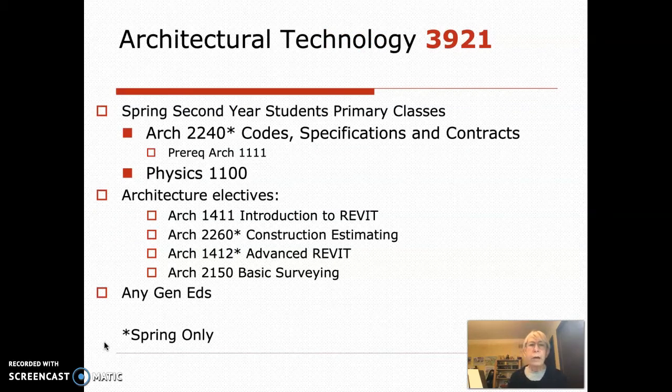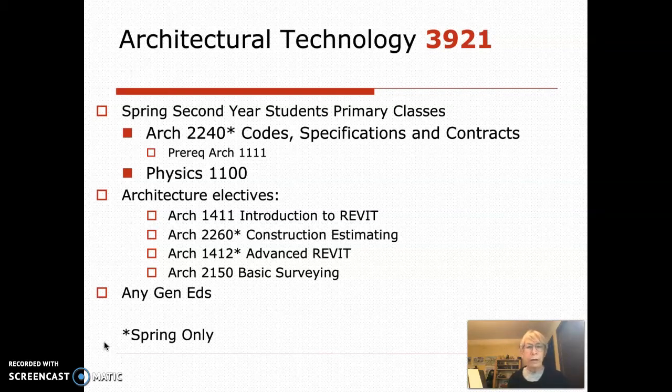For architectural technology students in the second year, your primary classes are going to be Architecture 2240, Code, Specs, and Contracts, and your basic physics class. 2240 has a prerequisite of Architecture 1111, and it's only offered once a year in the spring also.